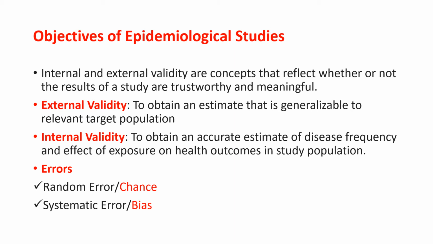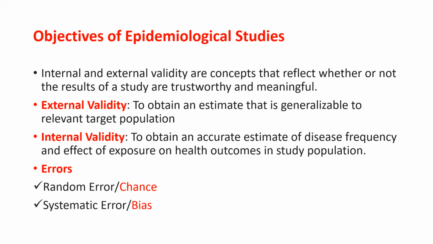If the sample is representative enough of the target population which you are working upon, then one can obtain data that is applicable on a larger scale to that particular target population. That is what we mean when I say generalizable.